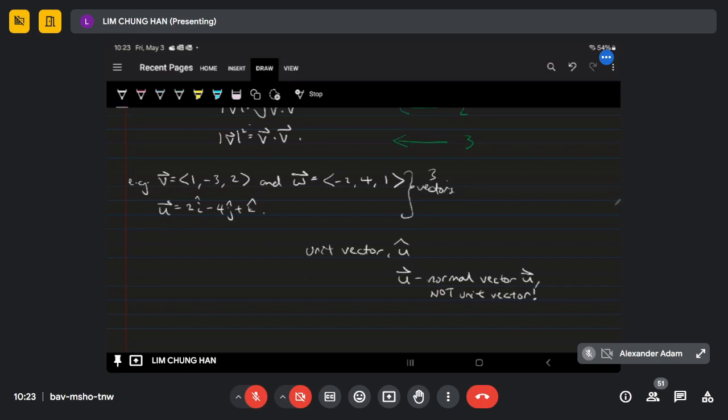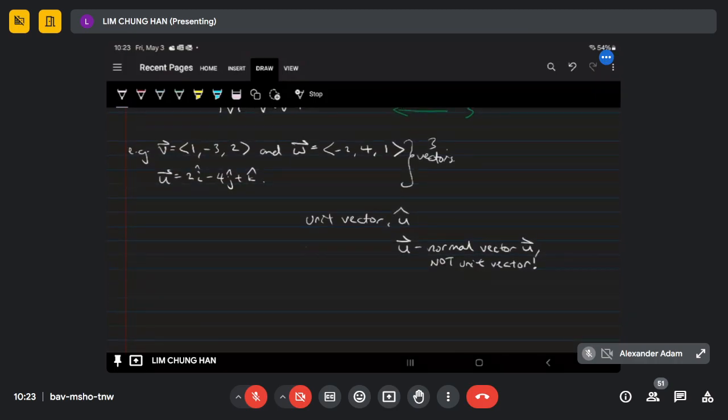So in this example, we have three vectors, V, W, and U. Let's do some dot products.